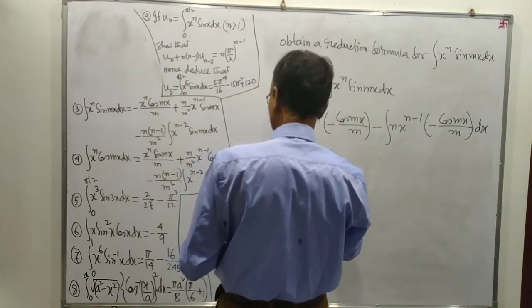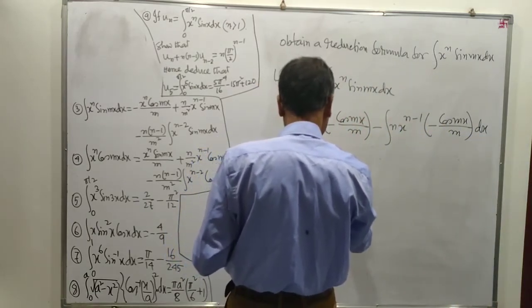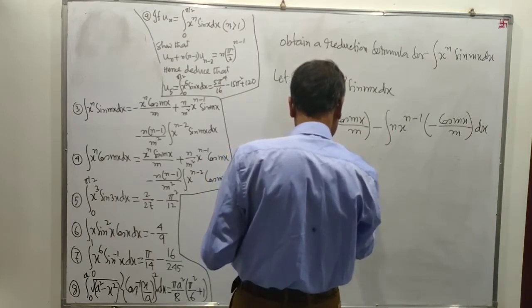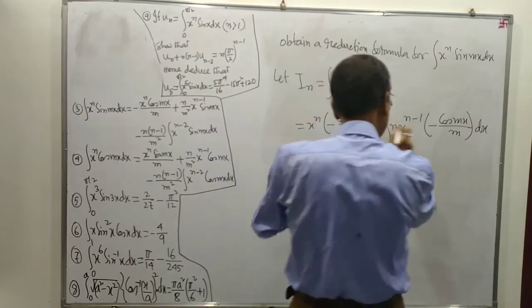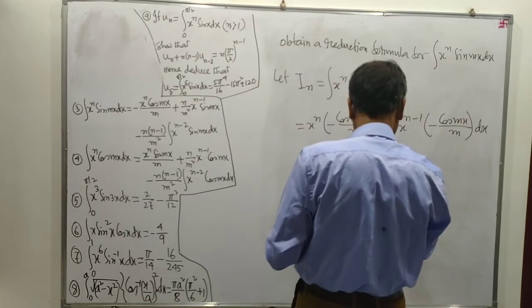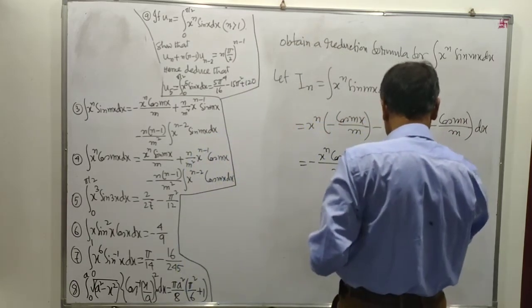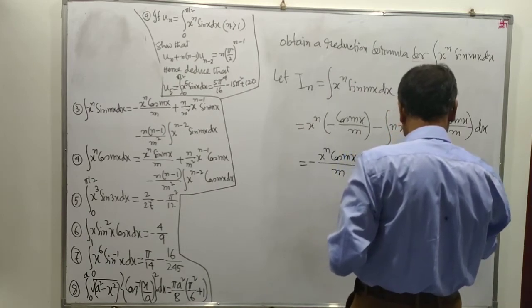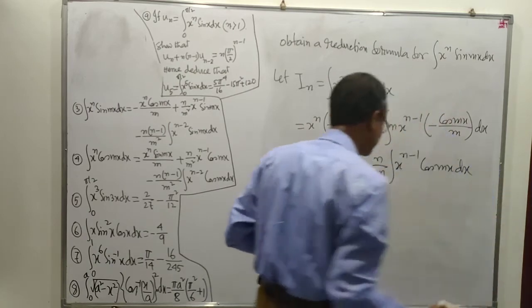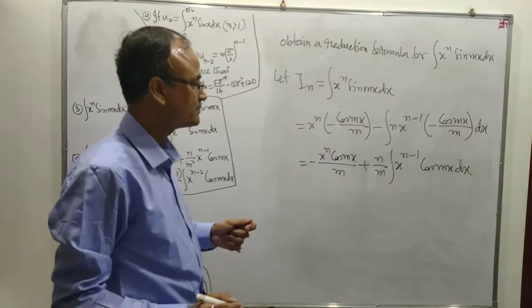This is equal to minus x to the power n cos mx divided by m plus n by m integral x to the power n minus 1 cos mx. You will get this one.